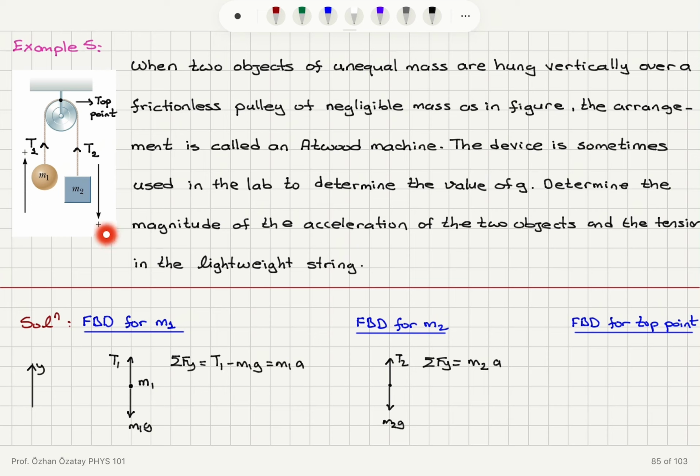That is shown as the positive direction for acceleration here. So we have T2 minus M2g is equal to M2a.